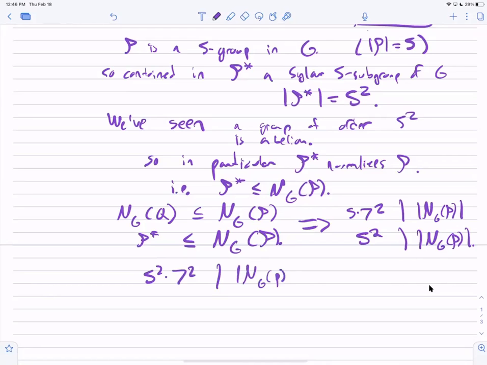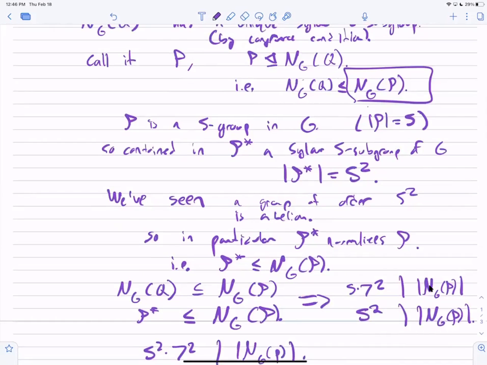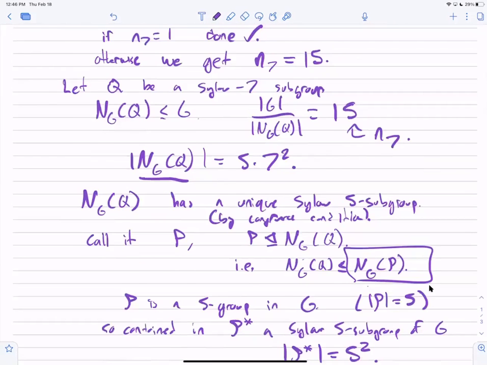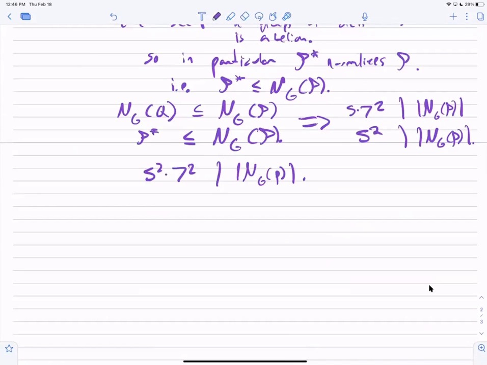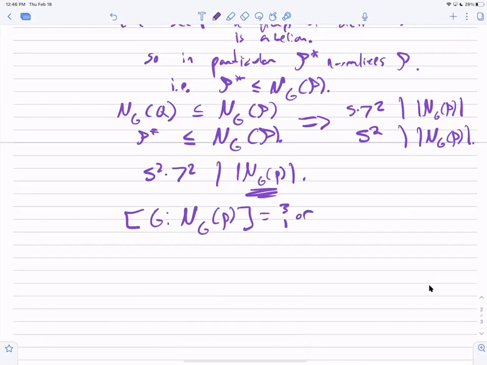And so 5 squared times 7 squared divides the order of the normalizer in G of P. In other words, the index of this subgroup is either 3 or 1. When you divide the order of G by this, you're just left with 3.